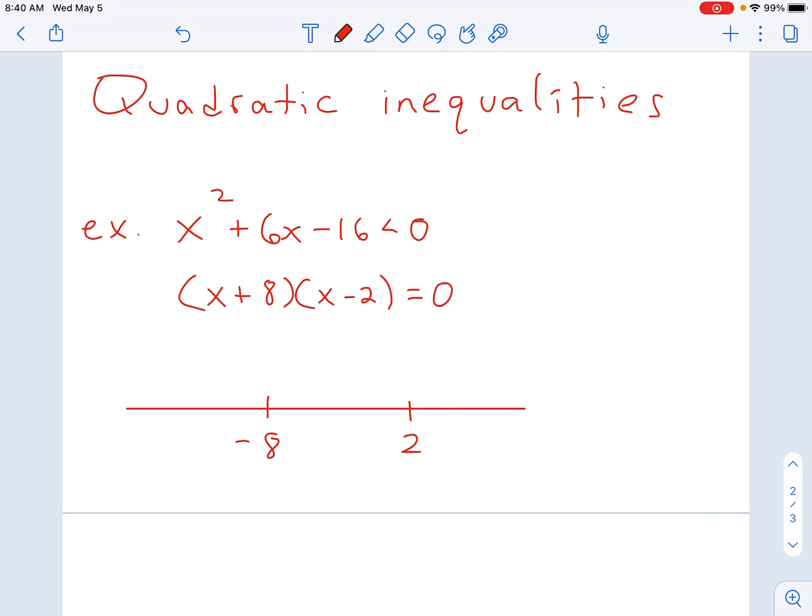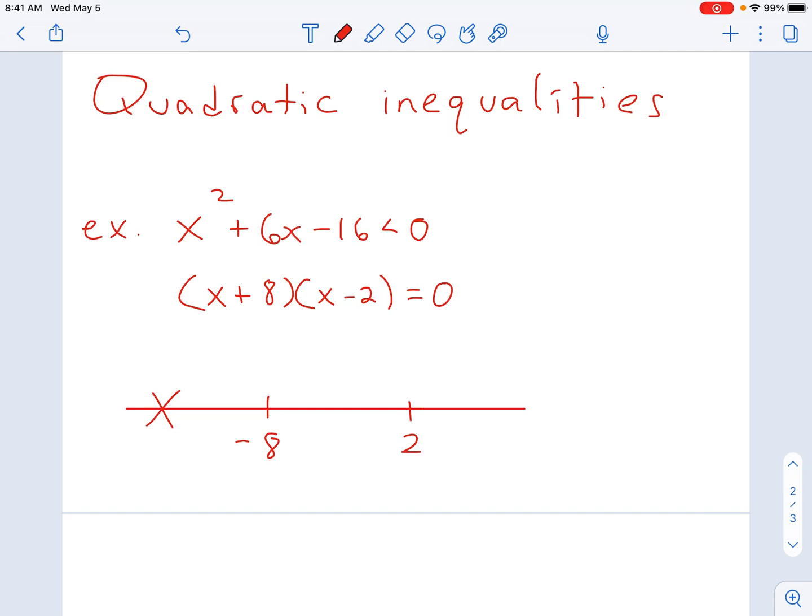So that's going to be really big positive, and this is going to be negative, but not nearly as big, and this is going to be negative and not nearly as big. And so the question is, if I have this real big positive number minus this, it's all going to be positive. Is a big positive number less than 0? Well, no, it's not. So that part does not work.